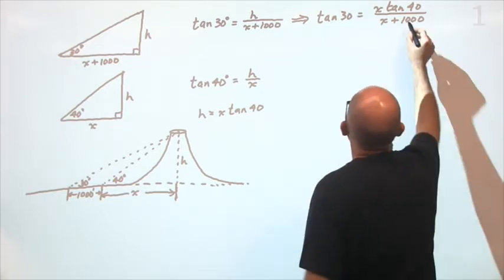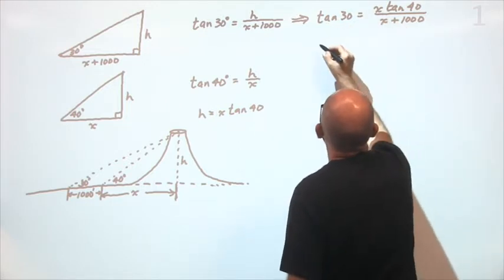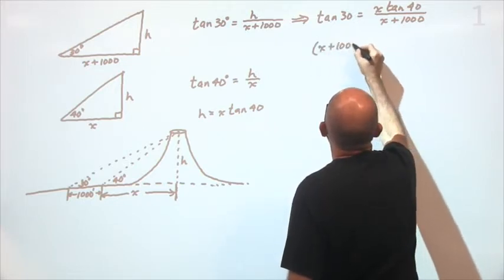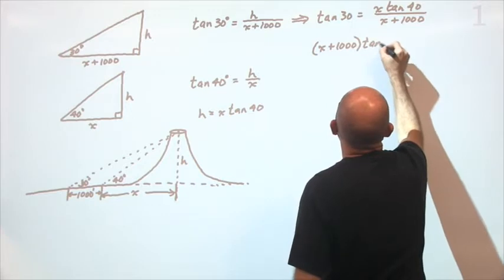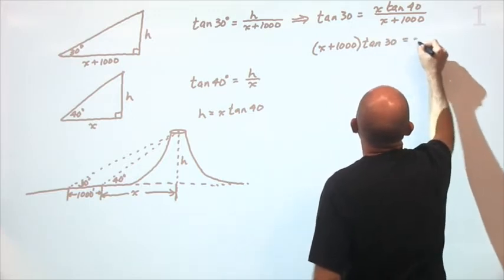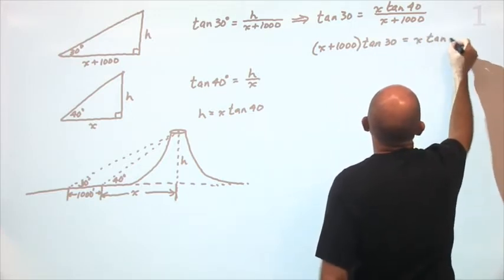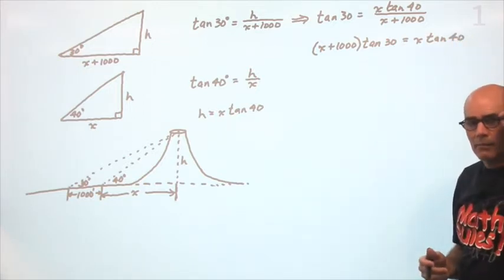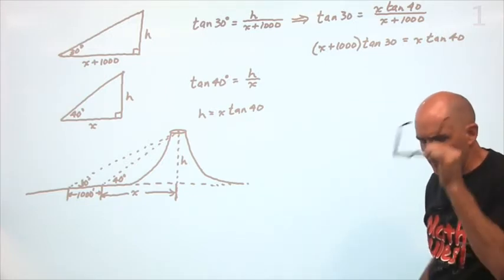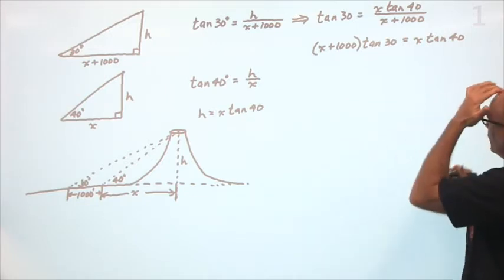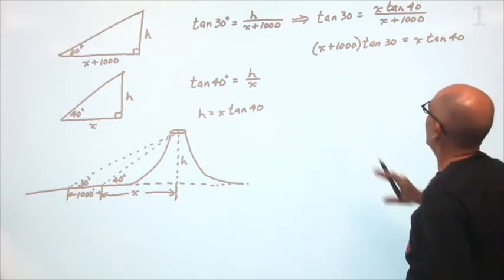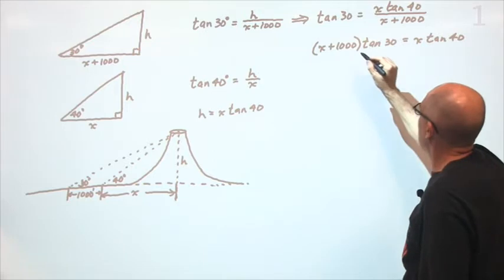Okay, so I multiply both sides by x plus 1,000. So x plus 1,000 times tangent of 30 equals x tangent 40. Now my goal is to get x alone. So what I do is I get all the x's on one side. Well, what I need to do here is distribute.